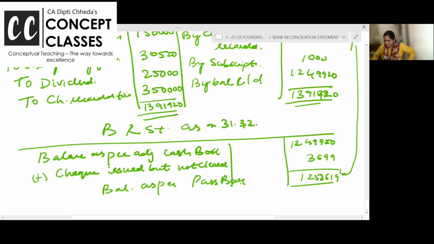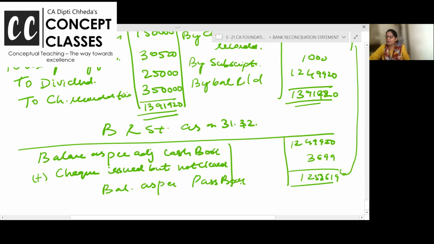Yes. Nice method, no? Whatever is the mistake in our books, let us rectify it so that we can do the corrections. Any doubt in both the methods?